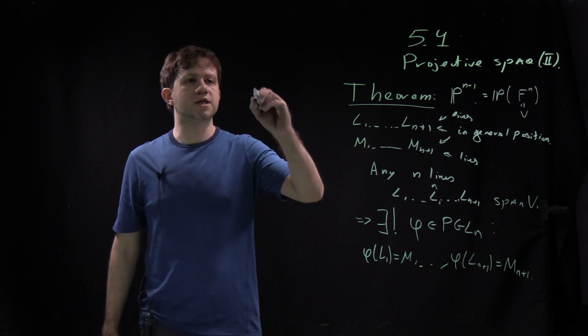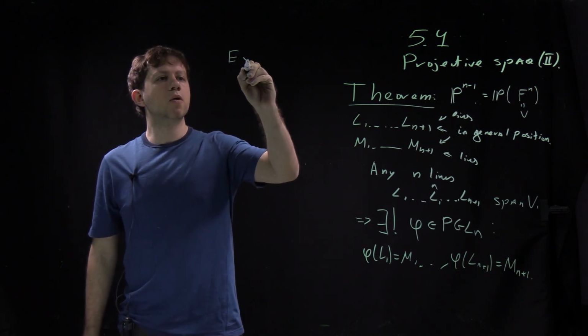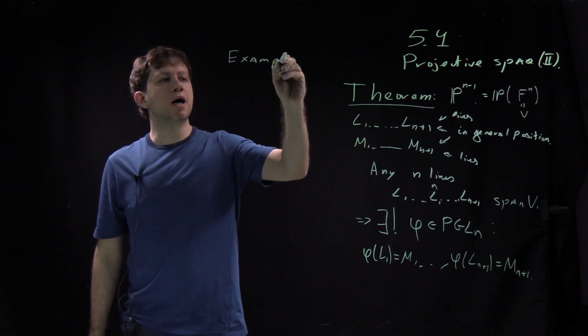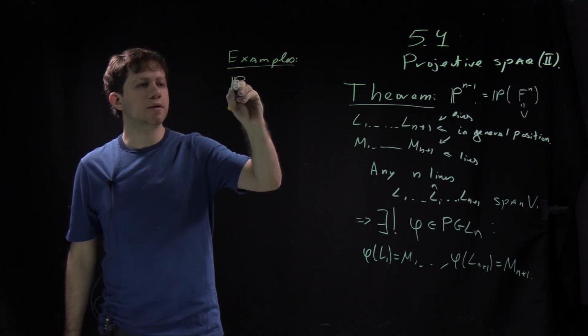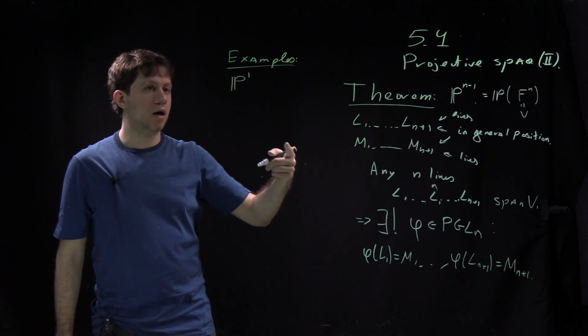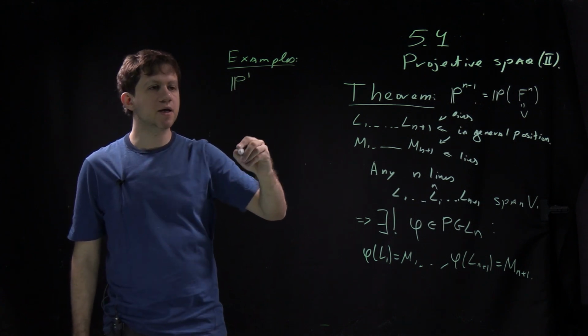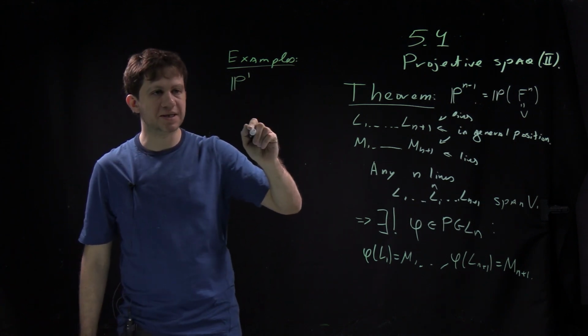Okay, so let's look at some examples. The main one for us right now will be an example where we take P1. This is the projective line, and we call lines points here.